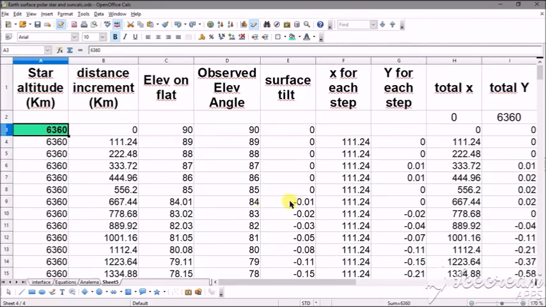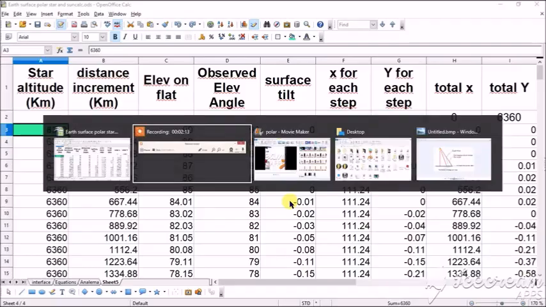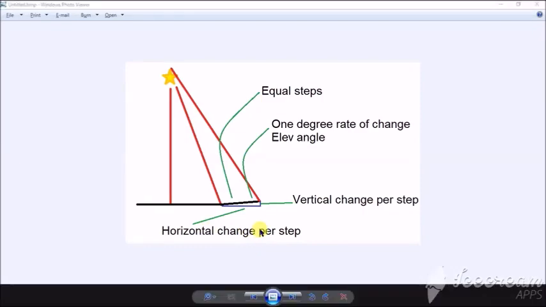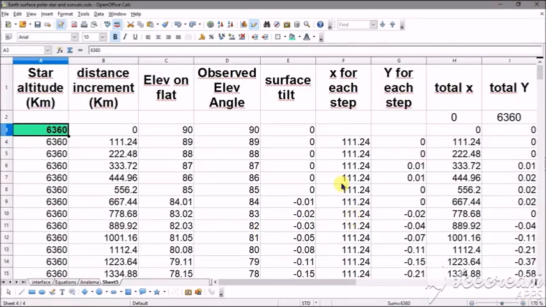And that tilt, as I show in this picture, could be upward, could be downward, it doesn't matter. That's the vertical step and horizontal step here. This is the X and Y, and as you see, the X is almost the same because the tilt is very tiny. And for Y, this is 111 meters after 1000 kilometers.